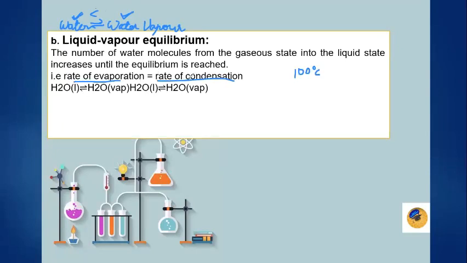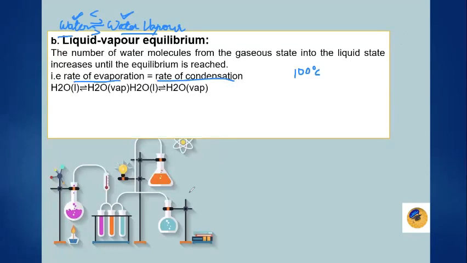But if the rate of condensation, that is water vapor changing into water, was more, then the amount of water would be greater. So at the point of equilibrium, at 100 degrees Celsius, the rate of evaporation and rate of condensation are equal. That's what happens at equilibrium. The forward reaction will be equal to the backward reaction. At that point, the amount of water and water vapor will remain constant because the rate of evaporation is equal to the rate of condensation.